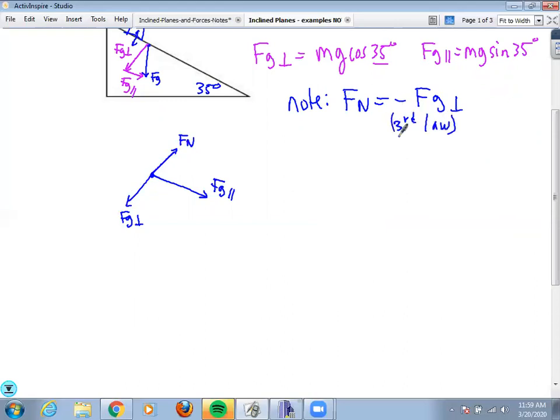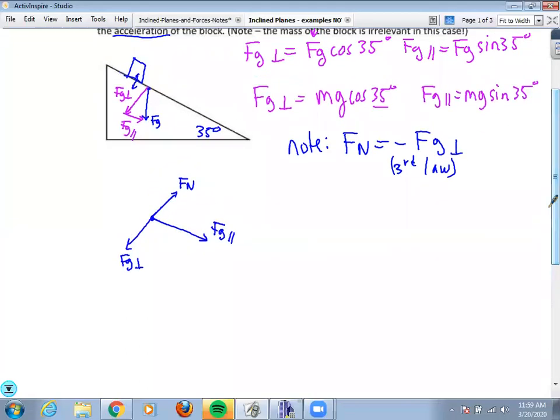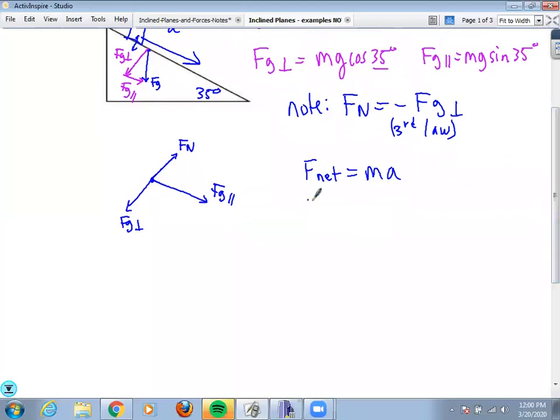Okay, so if we go back to our example, if this block is going to slide down the plane, it's going to accelerate. And we know from Newton's second law that F net equals ma. We also know that F net is equal to the sum of forces, so we could write it where the sum of forces equals ma.